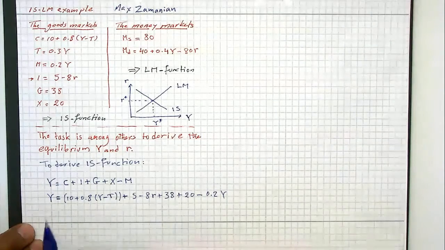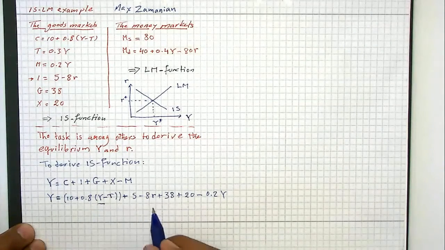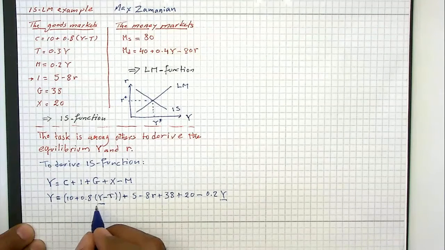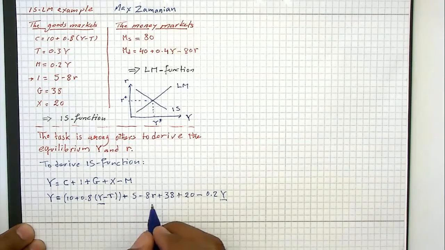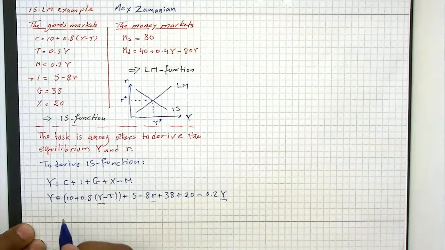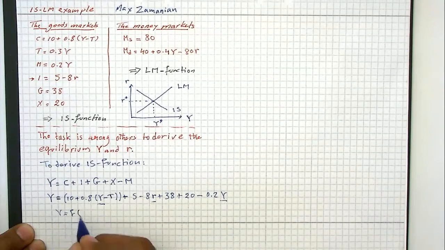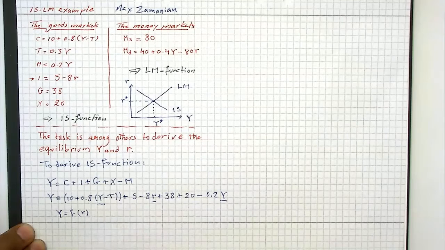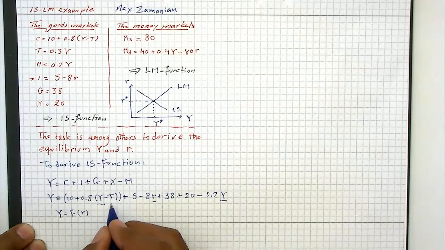Now the idea is to isolate all terms with y on the left hand side and those with r on the right hand side, then you will have a function of y of r is what you get.